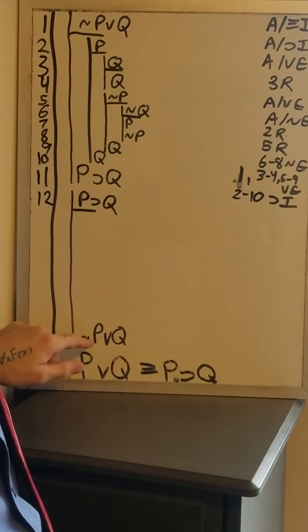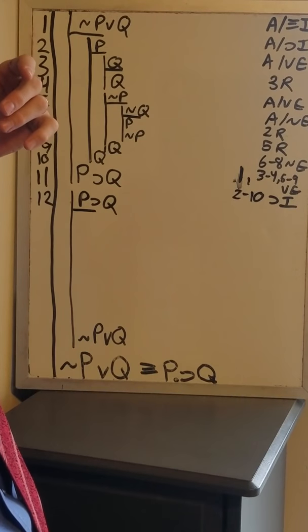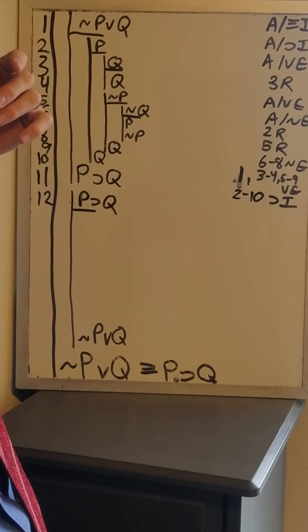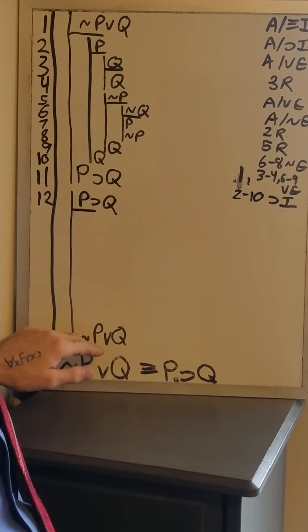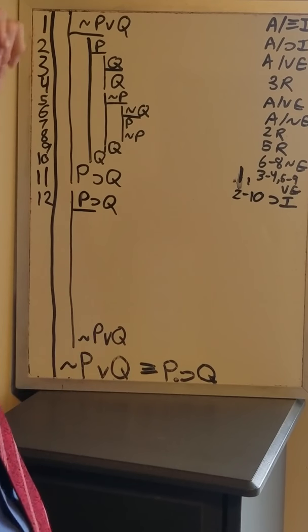So this time we're trying to prove something that's not a conditional. It's not a biconditional or conditional. So what we need to do here most likely is to assume the opposite of this and show that a contradiction is going to follow.